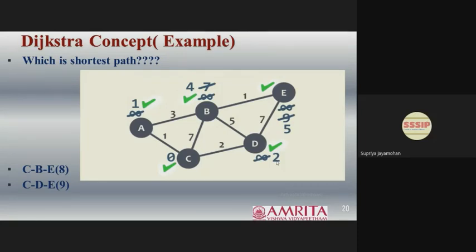Actually, what we will see is there is one more value possible, from C to D to B to E, that is also 8. So here you will see that the algorithm results in 2 shortest paths, CBE and CDBE. Now it is a dilemma, because if you base it on distance, you are getting 2 separate solutions.